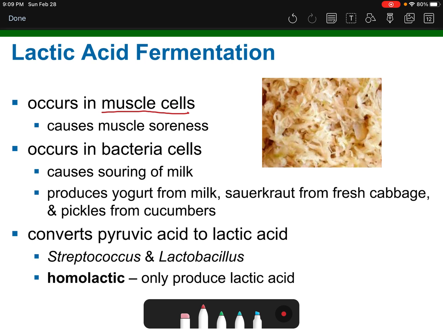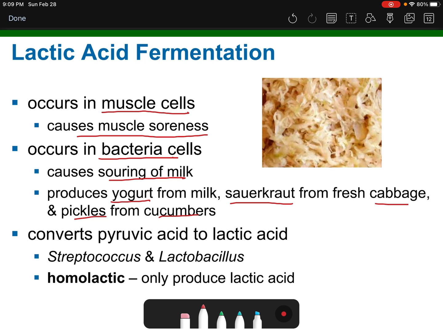In that case, we start producing lactic acid as an end product. And if that builds up in your muscle cells, it causes that muscle soreness. Now, if bacteria cells carry it on, they can use that lactic acid end product to help in the souring of milk to produce yogurt. They can produce sauerkraut from cabbage, pickles from cucumbers, and kimchi, I think, is also fermented.